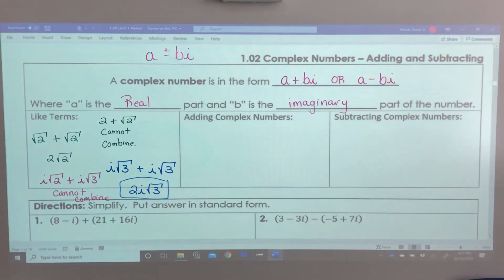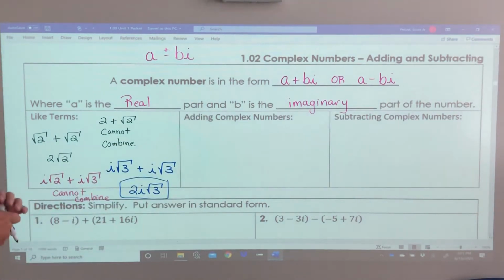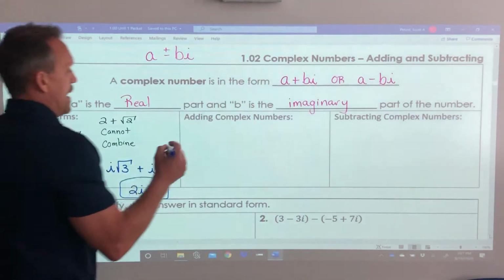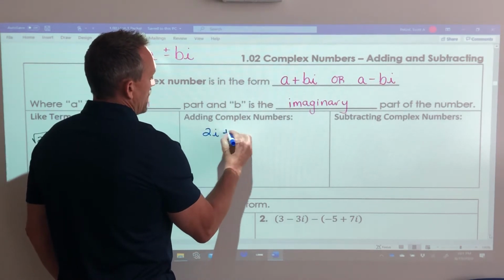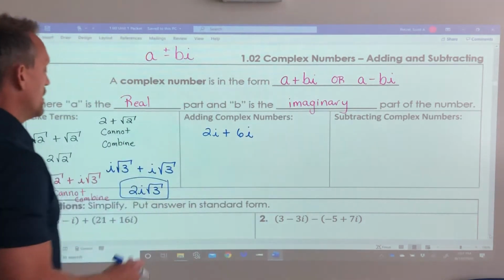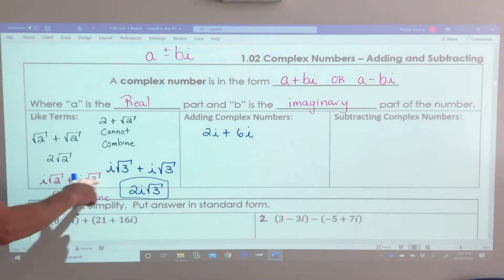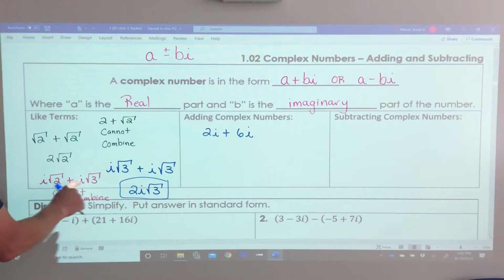Okay? So we're dealing with this. We're going to be talking about the adding and subtracting of complex numbers. So what if I had 2i plus 6i? Well, while you couldn't combine these over here because these two didn't match, the reason for that is you can't combine radicals.